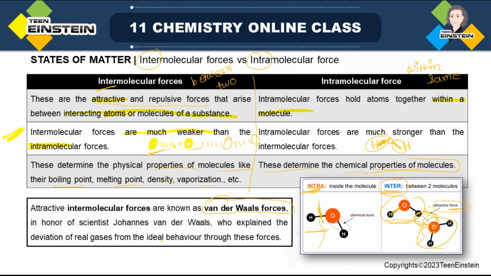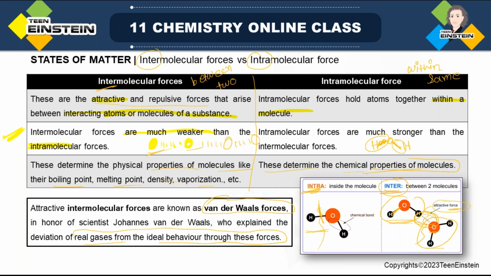There are different types of van der Waals force. In this unit we will focus mainly on three van der Waals forces one by one, but together the collective term is van der Waals force, in honor of the scientist Johannes van der Waals, who explained the deviation of real gases from ideal behavior through these forces.